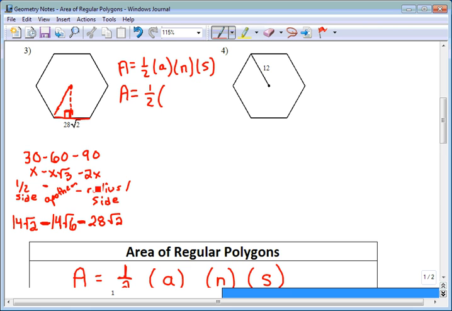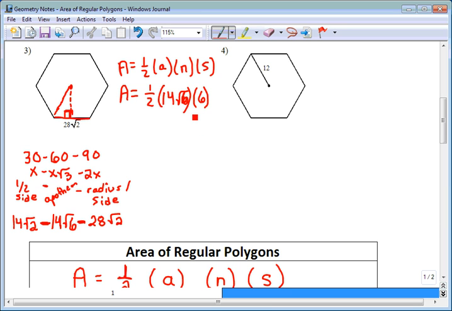My apothem, I have noted, is 14 radical 6 units. I, once again, have a regular hexagon, so I have 6 sides.